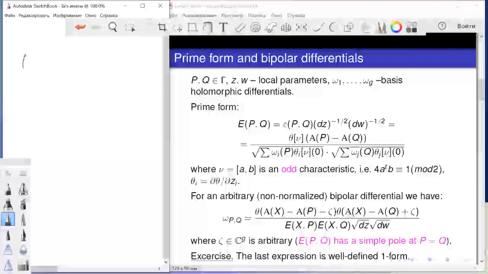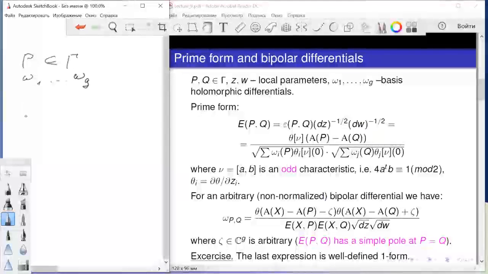P is a point of the Riemann surface. Omega 1 and so on, omega G are basis differentials.